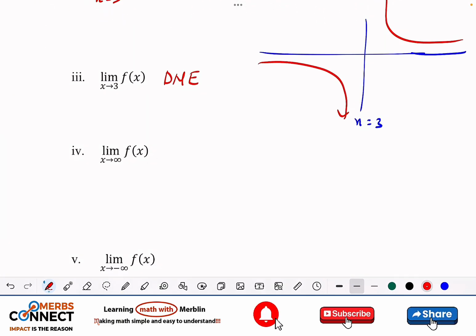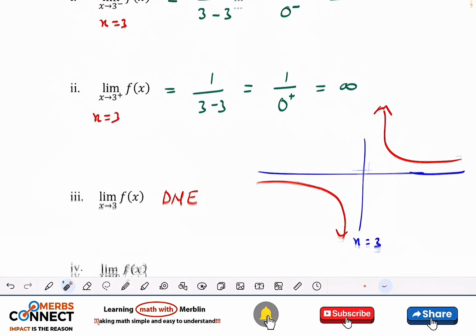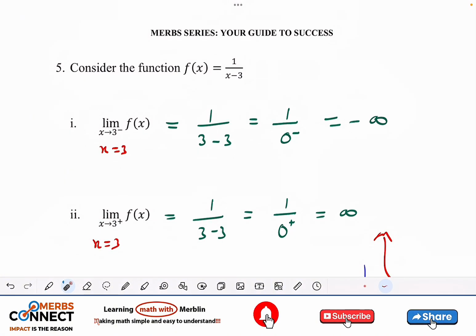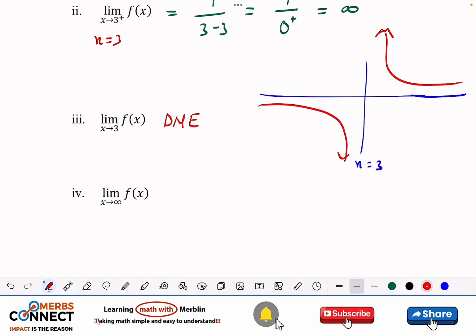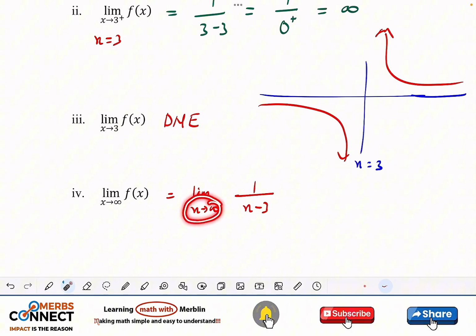Let's do the last one. Now the limit as x is going to infinity. We have the limit as x approaches infinity of 1 divided by x minus 3. We've talked about this, right, when x is approaching infinity. What is the degree of the top?